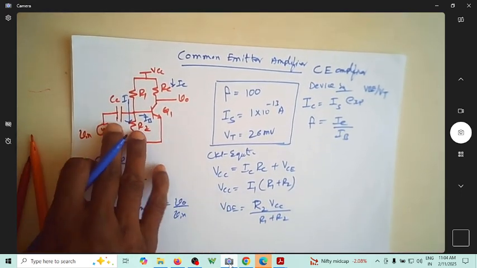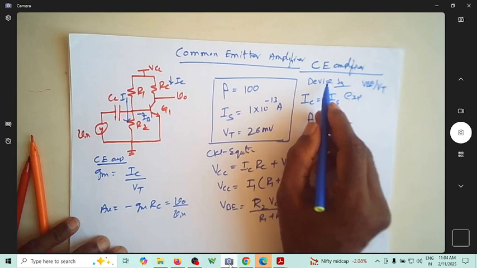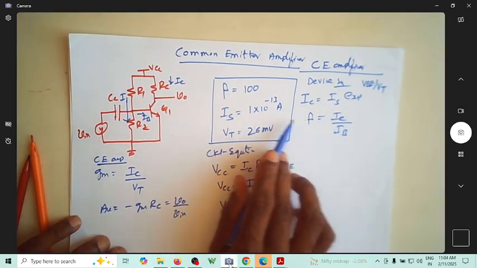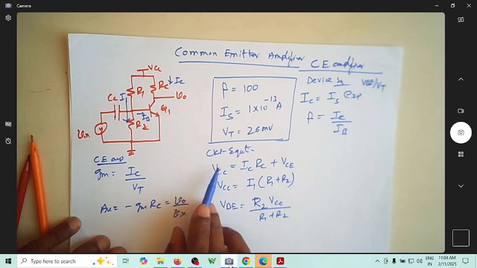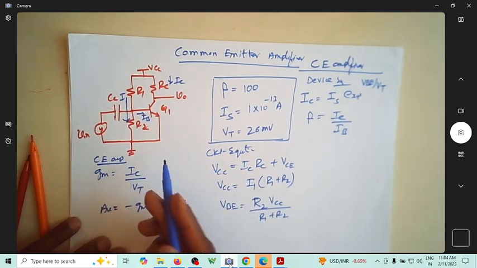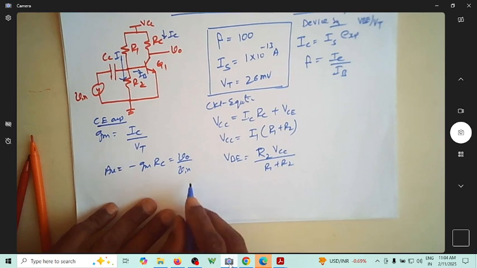So for this circuit diagram and these assumptions, this is the device equation where collector current is given so and so, and we have the amplification factor beta is equal to IC by IB. And for this circuit, we can write these expressions. And for the CE amplifier, we can write the small signal model as something like this.